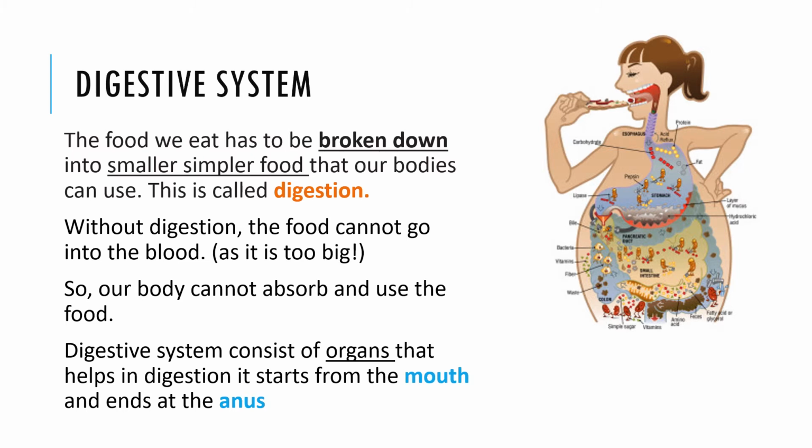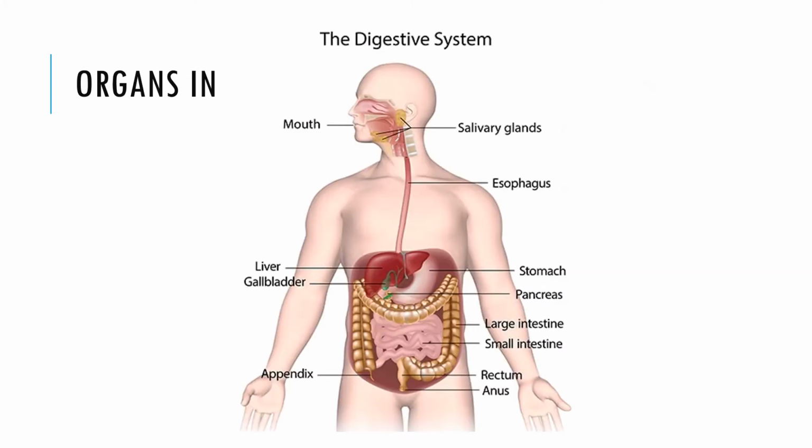It starts from your mouth, here, the organ of the mouth, and it ends at the anus. This is a picture showing the digestive system.